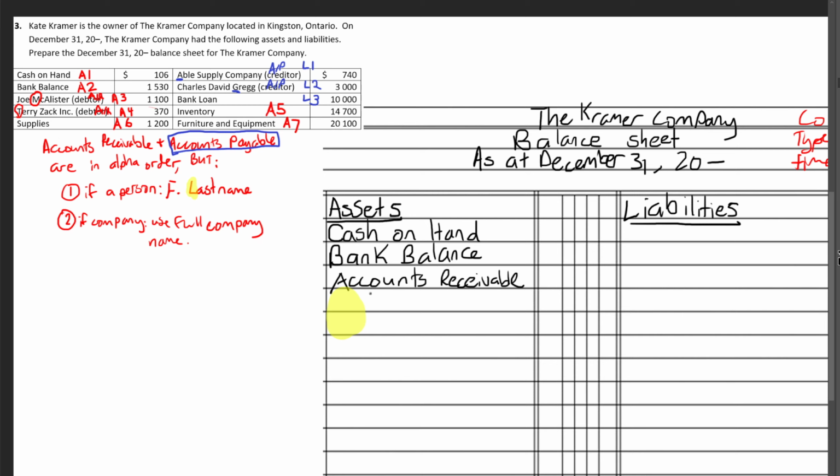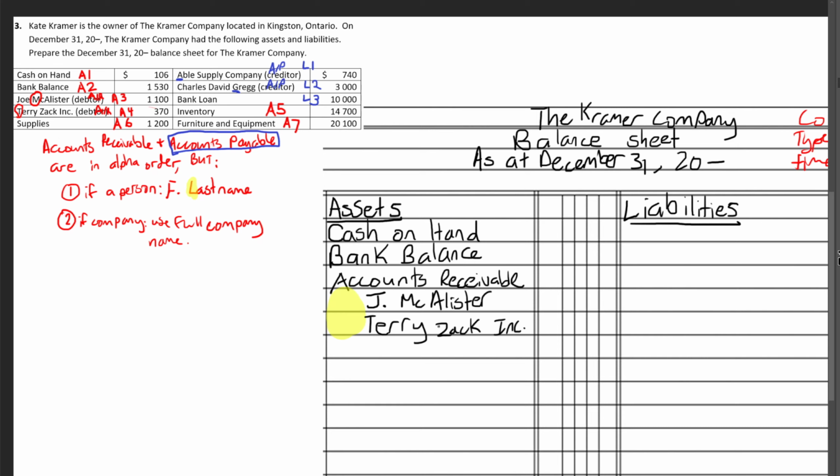So I'm going to take the first initial of Joe, which is J, period, McAllister. That is the first person because the M comes before the T in Terry, Zach, Inc. And please leave that space. It's easier to read the accounts receivable accounts. That's what the indent is for.